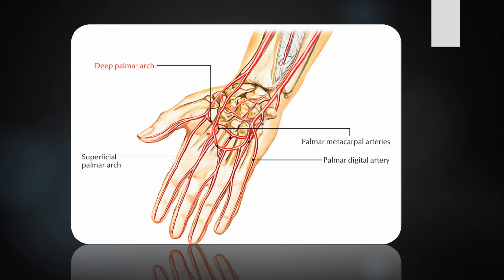So dorsal carpal arch is derived from the arteries of ulnar and radial around the wrist. So this is how the arteries supply the dorsum and palmar aspect of the hand. So this is the overall outline of artery and its branches.